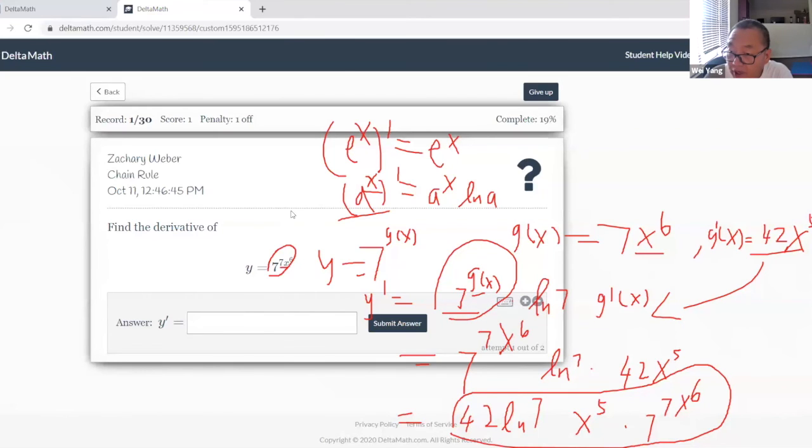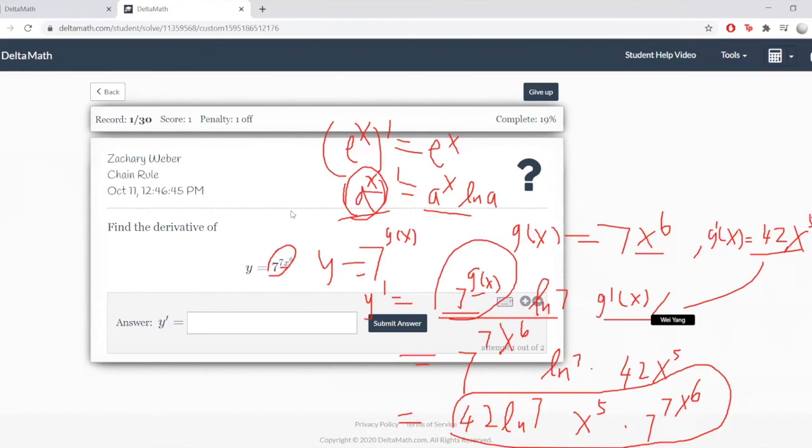Then we can use this formula, a power x derivative equals a power x times log a. That's what I write here. If this is x, then you're done. But this one is not x. This one is a middle variable. Gx is still a function of x. So that means we need to use chain rule. Keep finding the derivative of gx.